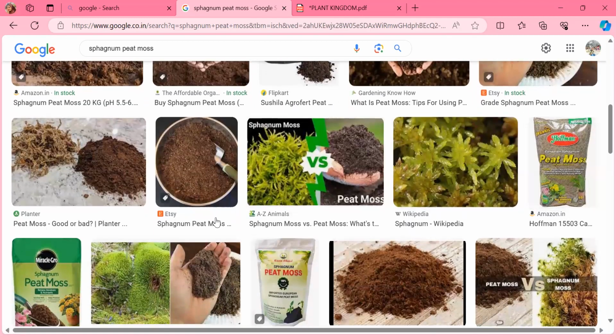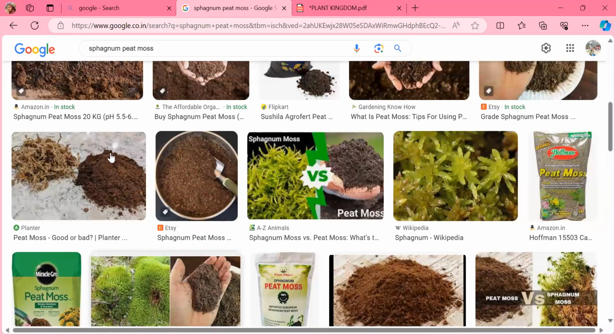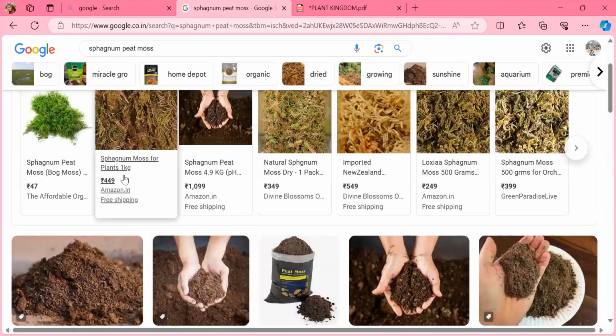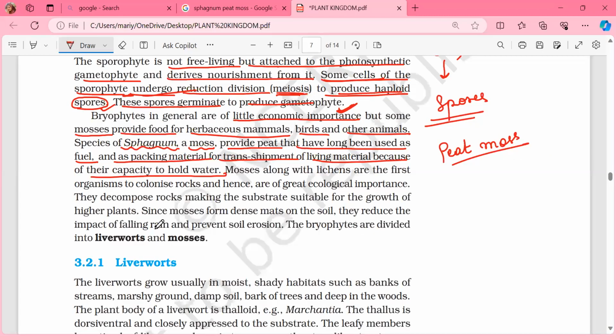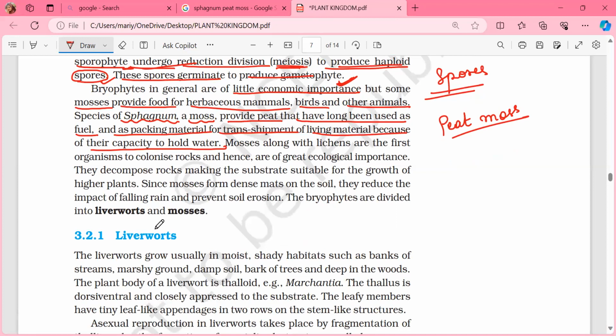See, I'm showing sphagnum moss for plants, 1 kg, 449 rupees. So this is peat moss. It is used for packaging purposes. Got it? Now, why is it used for packaging purposes? Because it has a great capacity to hold water. Also, why is it used as fuel? Because it has been used as fuel.